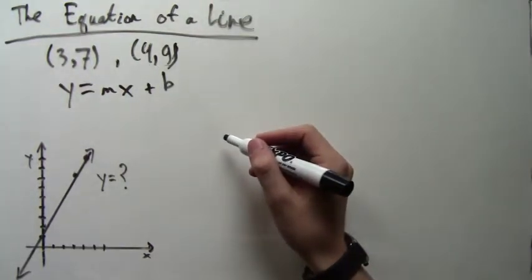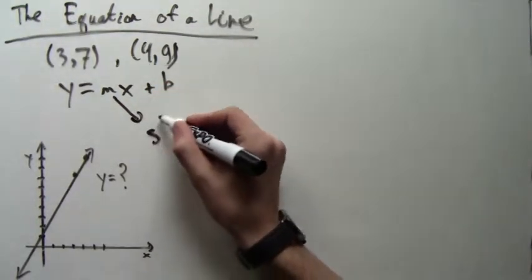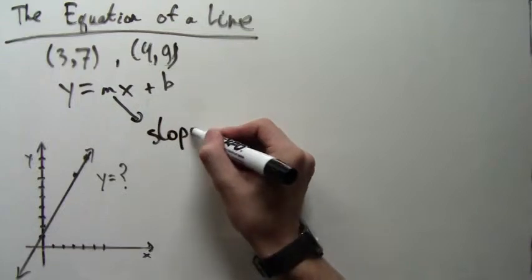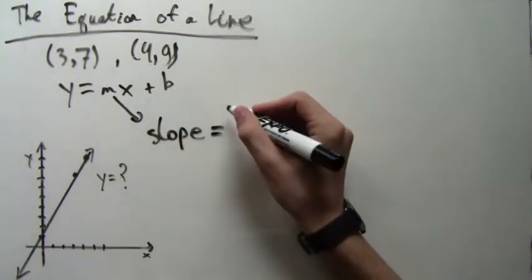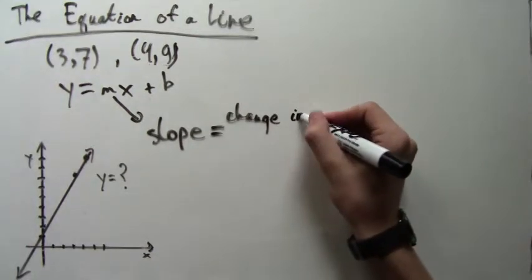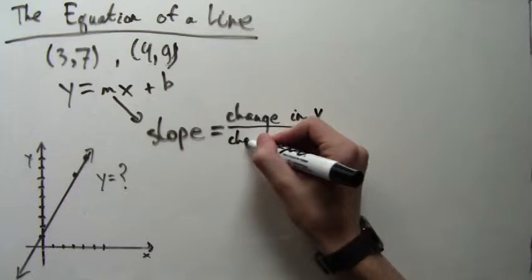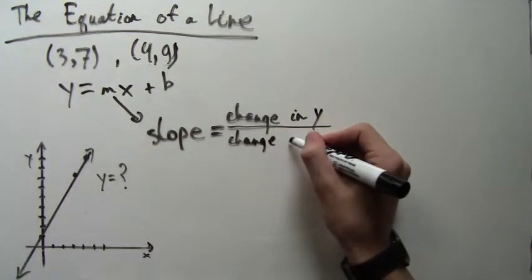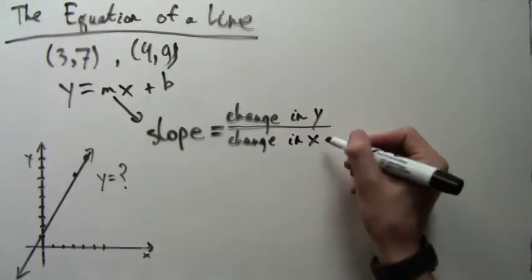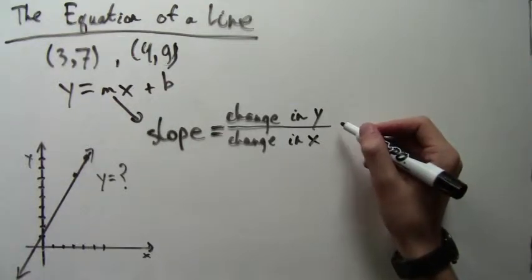Well, m is the slope of the function, and the slope is equal to the change in the y direction per the change in the x direction. In the first point, the y-coordinate is 7.